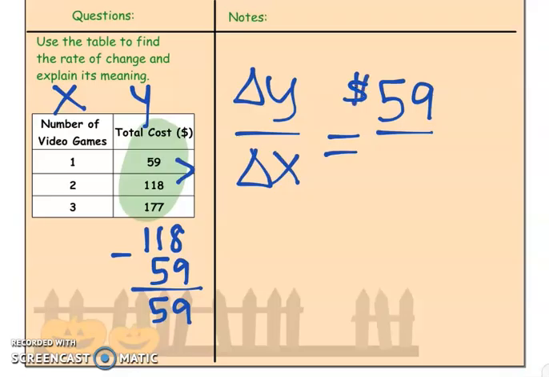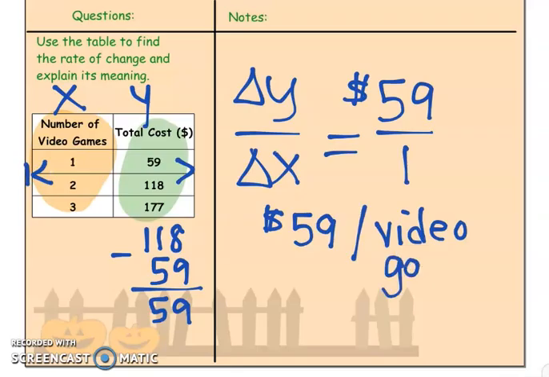Then I switch over here to my x column. How much is that one changing? That one's just changing by 1. So use the table to find the rate of change and explain its meaning. 59 divided by 1 is 59. So it's $59 per video game. That's what it means based on the labels in the table.